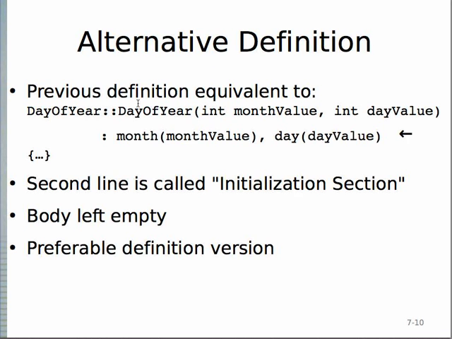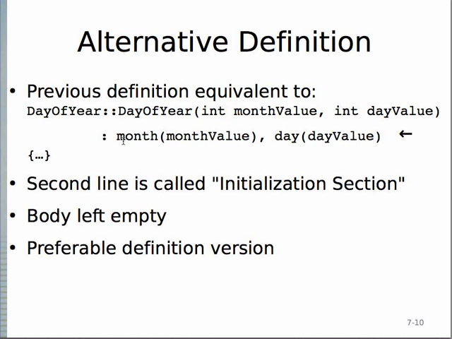Okay, so there is another way to initialize data members, or initialize member variables, as they're called in C++. And that is to use the initializer notation, or the initialization section notation. How do you do this? You put in a colon after the constructor, and then you say data member name, and then in parentheses the value you want to initialize it to.